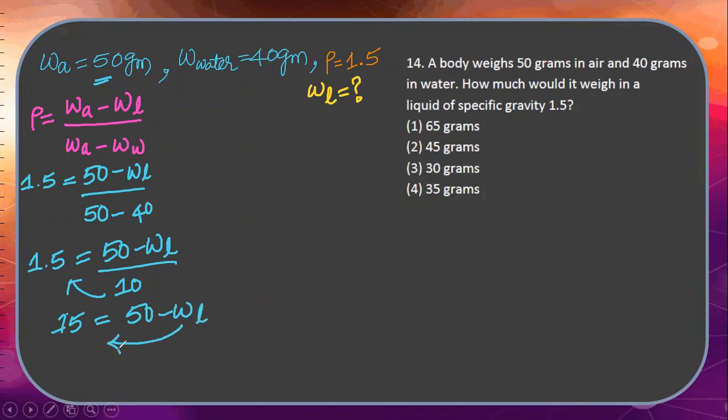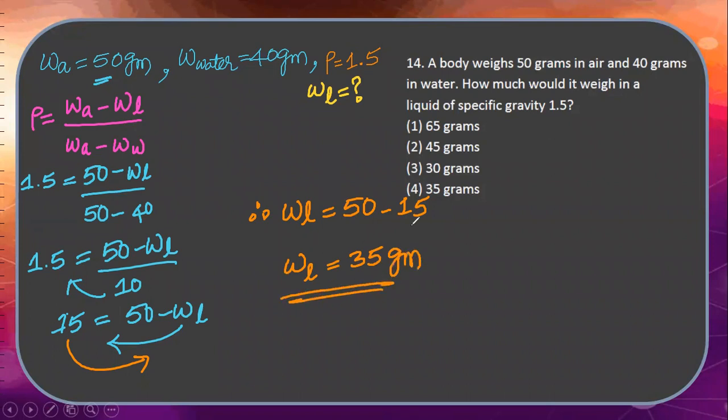Therefore, bring the WL to the left side and 15 to the right side. Therefore, we will get WL is equal to 50 minus 15. Therefore, WL is equal to 35 grams.